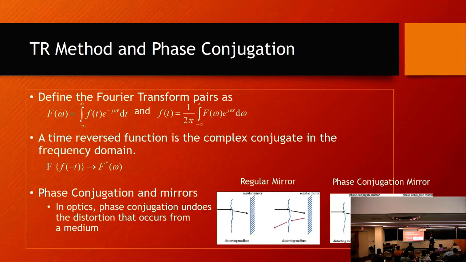So the incident angle and the reflection angle are going to be the same, and the distortive medium does its thing, and the light ray comes out onto the other side at some angle. But when you have a phase conjugate mirror, so let's say the light wave is coming down, it goes through the distortive medium, and you have this mirror that actually reverses in time. What it will do is send it back the way that it came from. And in fact, you will undo this distortive medium and come out exactly the way it came in.